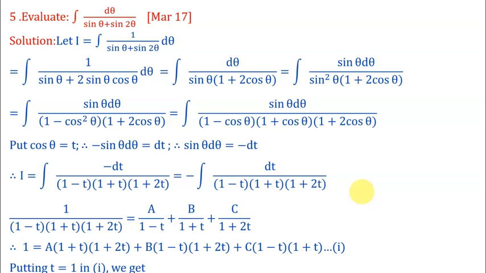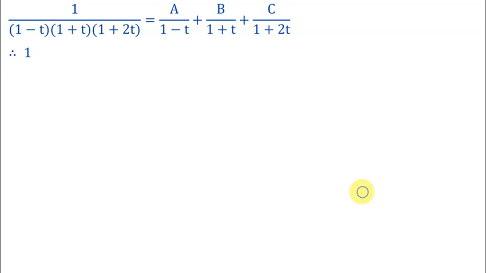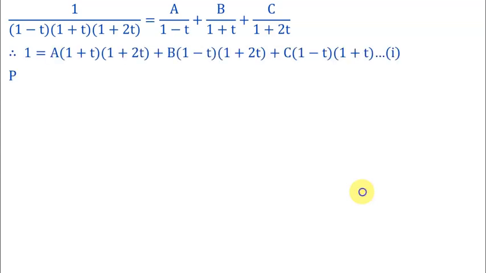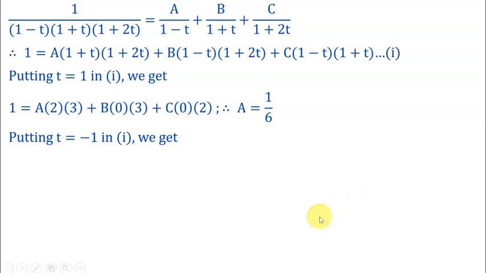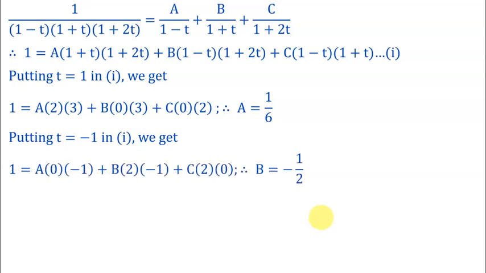Put t is equal to 1, then you will get the value of a. a is 1 by 6. Putting t is equal to minus 1, you will get the value of b, minus 1 by 2.